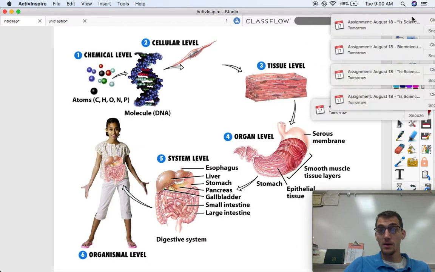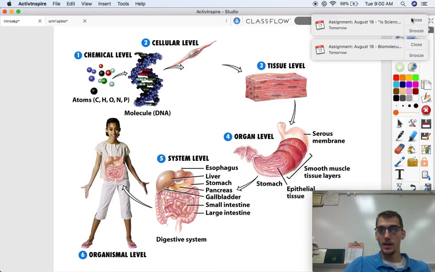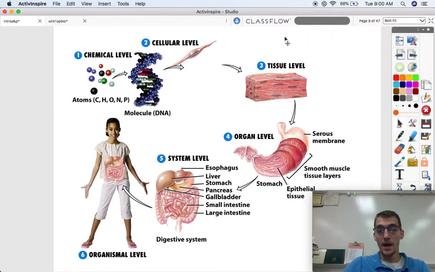In the case of our human biology that we're studying this year, multiple cells make up tissues, and tissues are groups of cells that serve a common function. So that's studying histology if we're studying tissues. Tissues, multiple types of tissues, can help make up an organ.